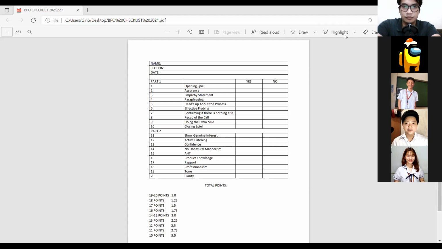Okay, one moment. Hindi siya visible sa share. Baka ibang video player yung kailangan. Try natin tong Windows Media Player.